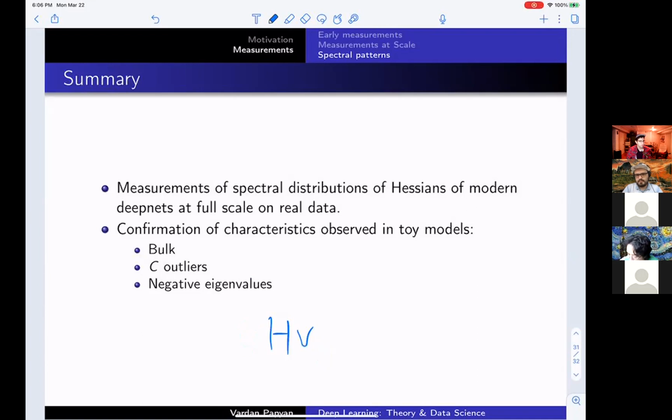Okay, so using that syntax, you can compute Hv, but you can't compute H directly. Yeah. Because calculating matrix vector multiplication is significantly easier than calculating the Hessian.